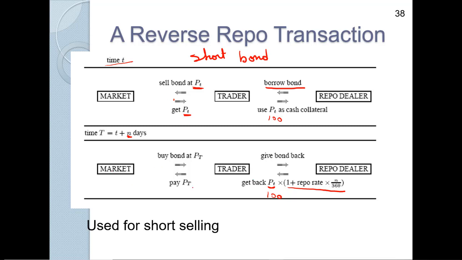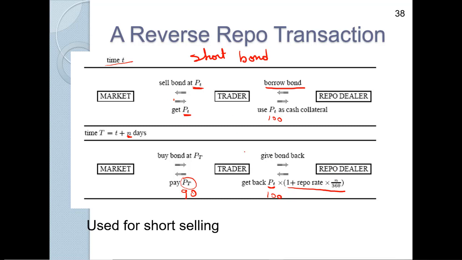Now, the problem here is, what is this PT equal to? The P capital T. You're going to pay back P capital T. So let's say you hope to pay something lower, like let's say 90. You're going to buy the bond. Let's suppose you buy it at 90 and you give back the bond to the repo dealer.